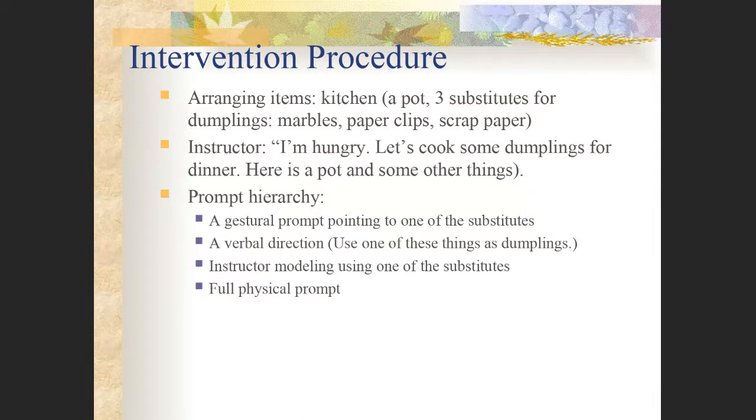If not, the last prompt in the hierarchy is the full physical prompt, where the instructor gently guides the child to complete the play action, in this case cooking dumplings.